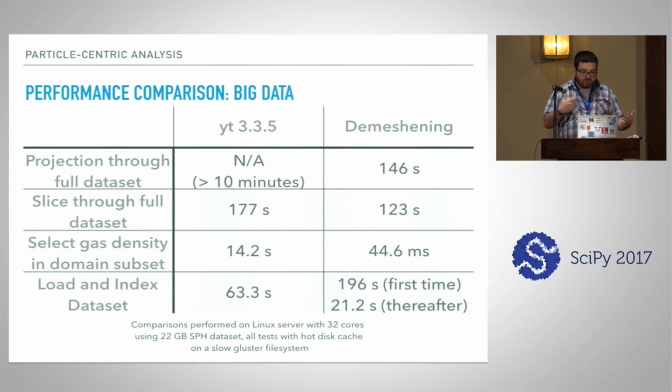Just doing the projection through the full data set, it has to smooth the data onto the octree and then project through the octree, and I waited 10 minutes and couldn't get an answer. Now on this cluster that I did this test on, it took about 150 seconds to do it. So we went from impossible to waiting a little while. So that's a substantial improvement. Slices are faster. Selecting a subset of the domain is much, much faster. And loading and indexing the data set is also faster.